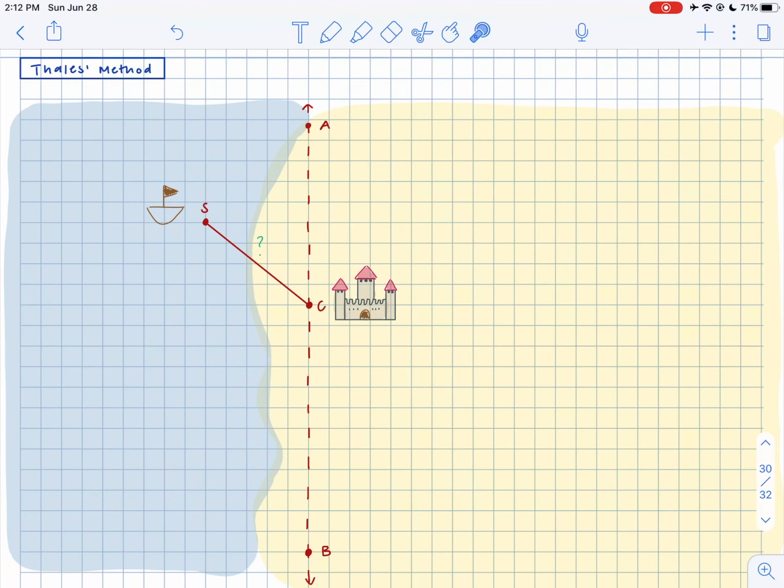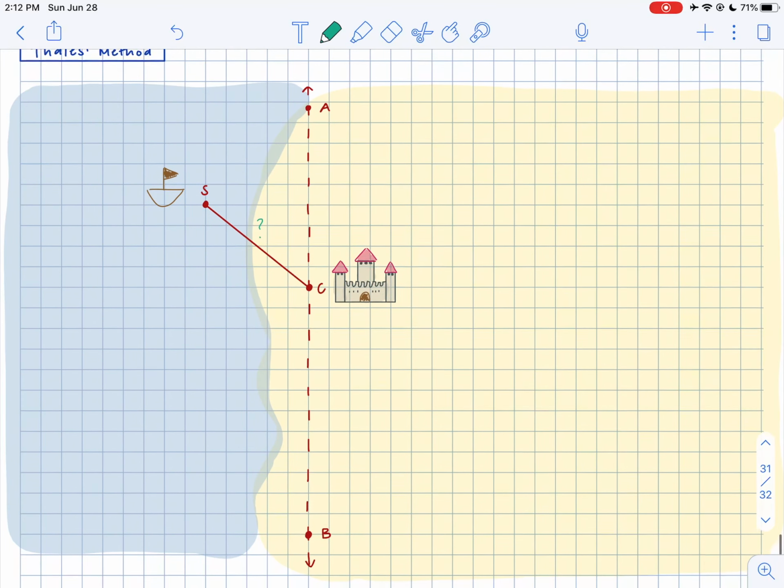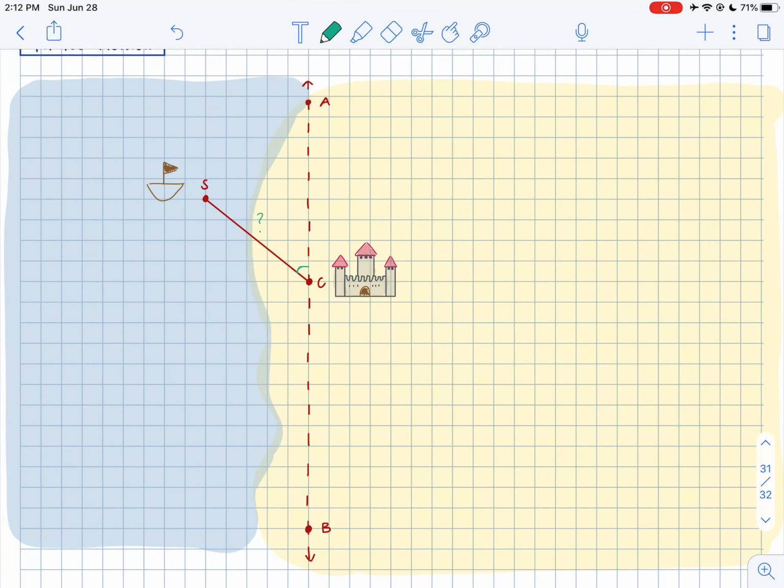Well, what he used was the isosceles triangle property that we just talked about, okay? So if you measure this angle, let's say he measured it to be 70 degrees, okay? And then he walked some distance along the shore, okay? Let's say he walked 20 meters.